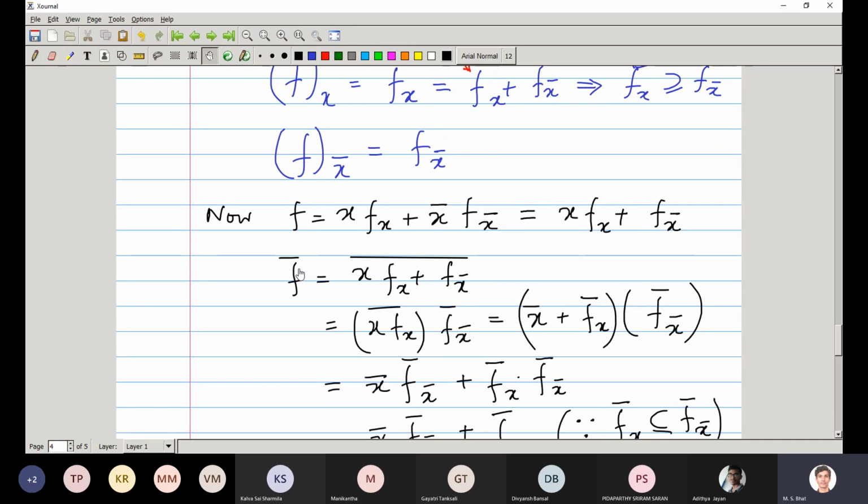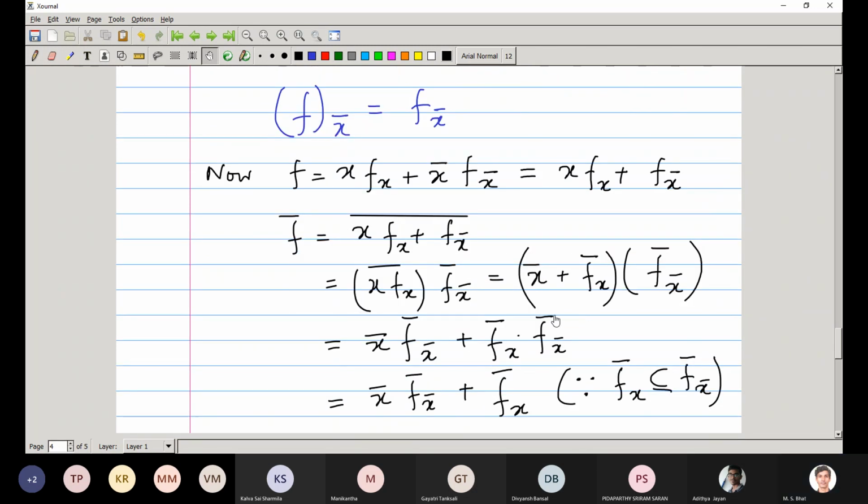Now I take the complement of this function F, which using De Morgan's theorem I can write as x bar plus Fx bar into Fx bar bar. When you multiply, you get x bar Fx bar bar plus the product of these two.